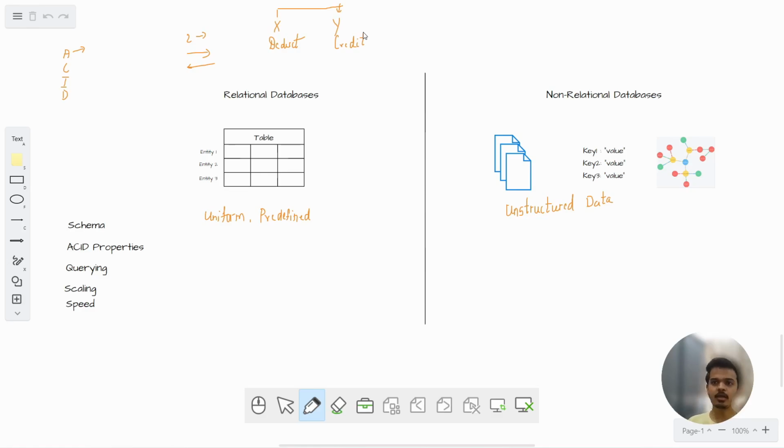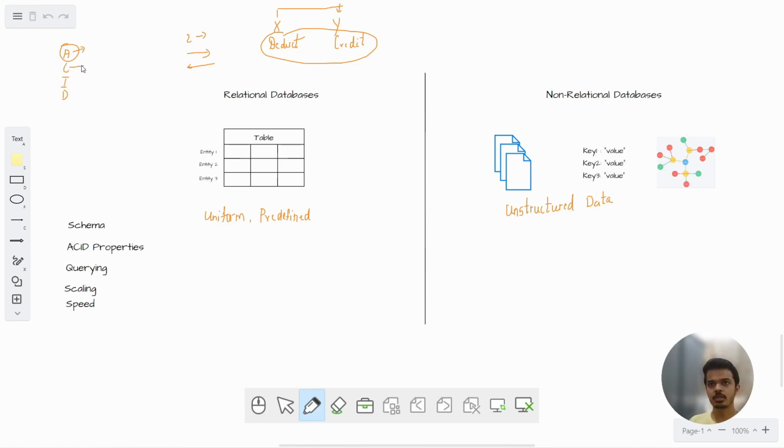It cannot happen that once the deduction is done, because of some failure the system goes offline and the credit has not happened. This is not acceptable in a banking application, right? So either both debit and credit will happen or none of them. Relational databases follow atomicity.